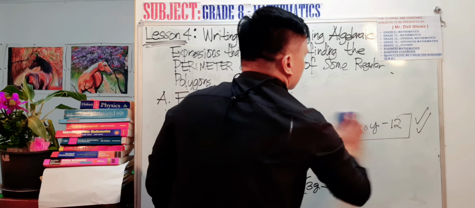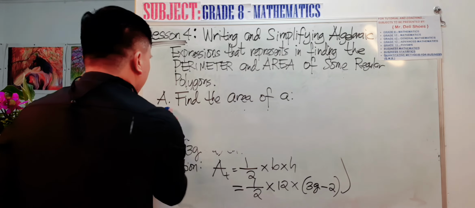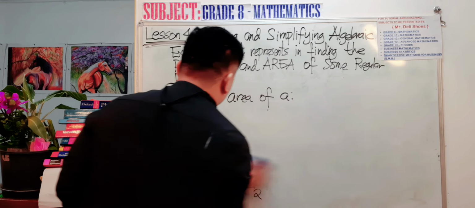Okay, next now, let's proceed to Roman numeral 2. For Roman numeral 2, we will have finding the area of a rectangle.